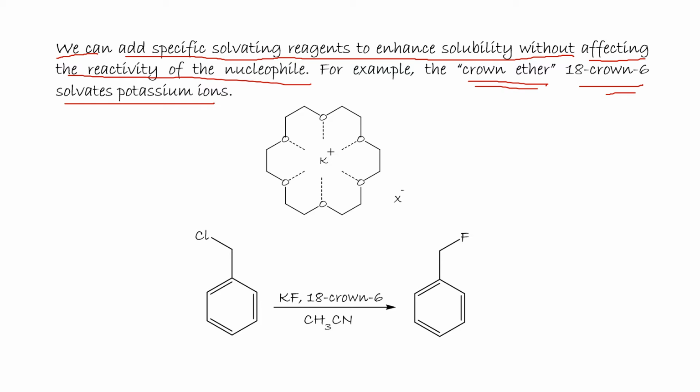So if you have potassium iodide or potassium fluoride, the crown ether will solvate the potassium, making the fluoride free to react. So it increases the free fluoride ion in the medium, okay? So it will react with alkyl halide, what we call halogen exchange, and form the alkyl fluoride.